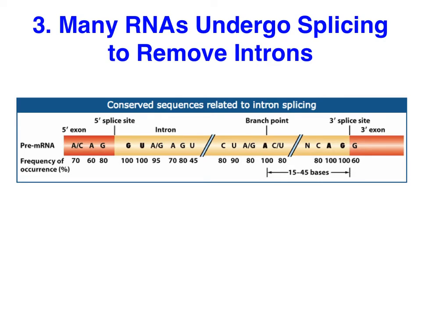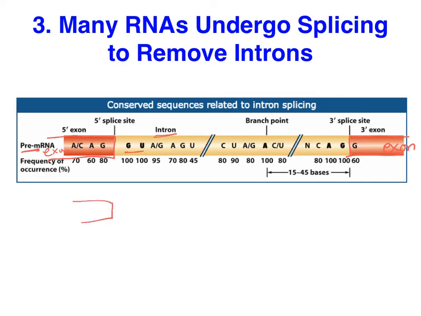The first thing I want you to know about is if we zoom in to an intron. You can see here, I've got an exon on the left and an exon on the right, and we're looking at the sequence of the pre-mRNA. Here in yellow in the middle is the potential sequence for an intron. And what we're looking at underneath the intron is the frequency of these base sequences occurring.